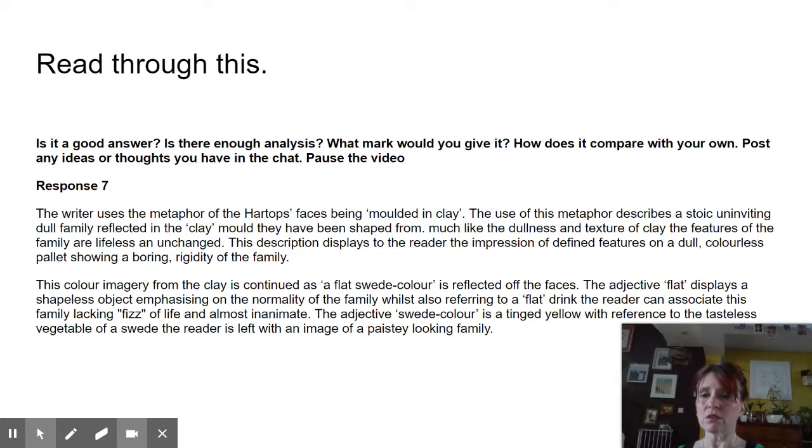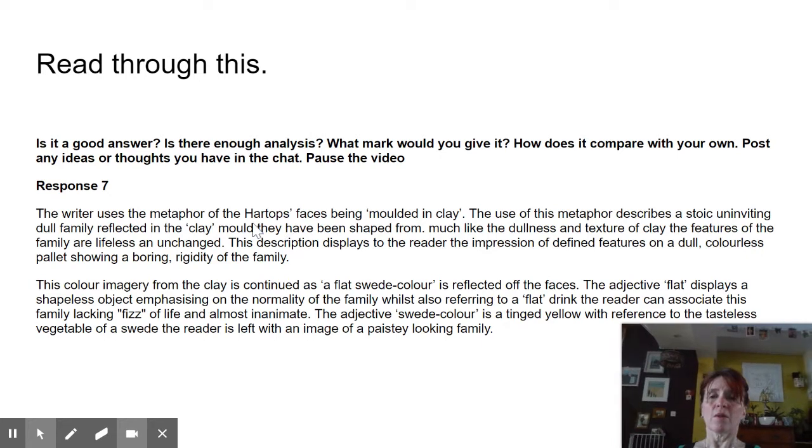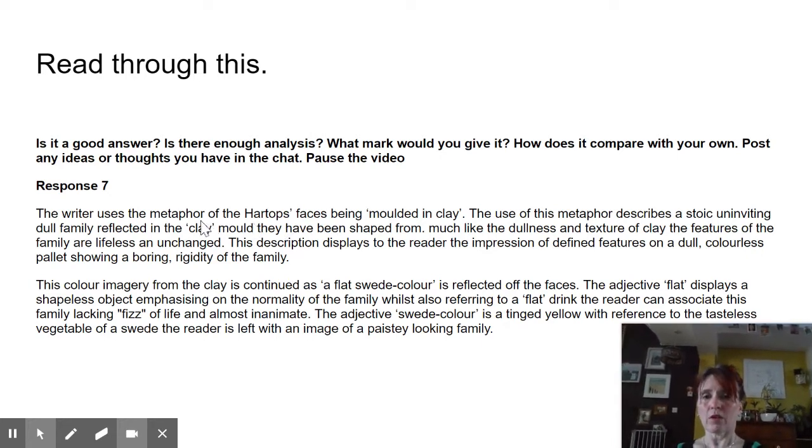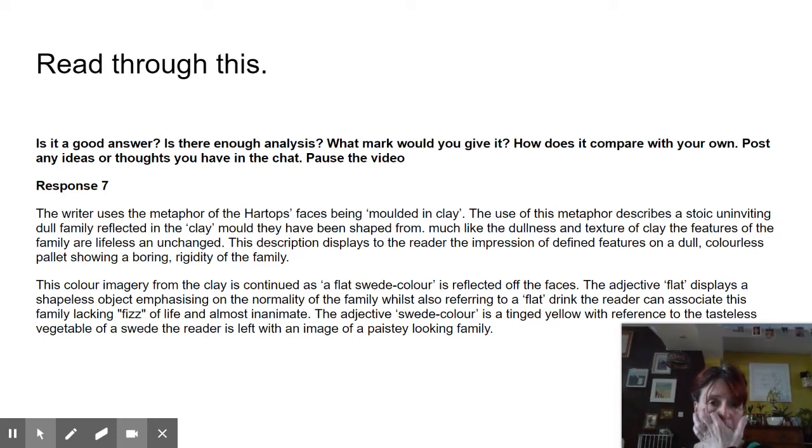Okay, so yes, the writer uses the metaphor of the Harper's faces being moulded in clay. That is a metaphor, and quite a few of you picked up on this. The use of this metaphor describes a stoic. Stoic, that kind of means if you're a stoic, you just get on with things. Uninviting, dull family, reflected in the clay mould they've been shaped from.